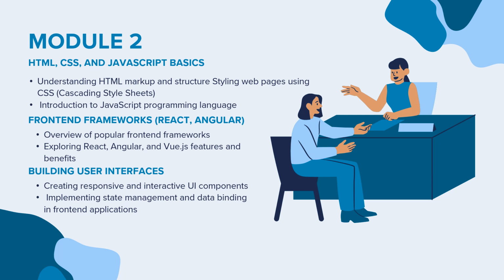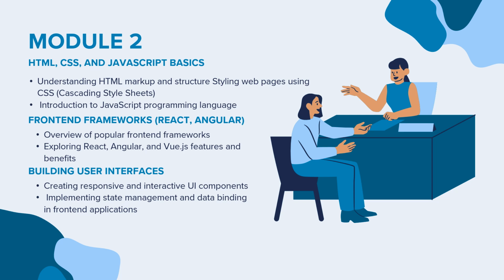So module 2 will be the front end part, where HTML, CSS and JavaScript basics will be taught to you for markup and styling of web pages. And we'll also be introduced to the JavaScript concepts here, which is similar to Java, but in JavaScript it's entirely objects. You'll see what an object is, etc., and the object-oriented features there.